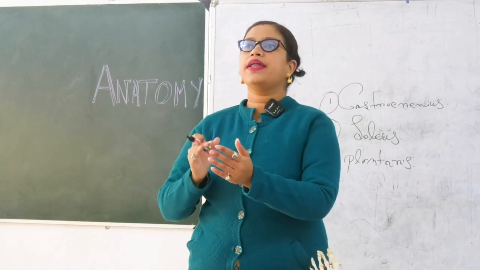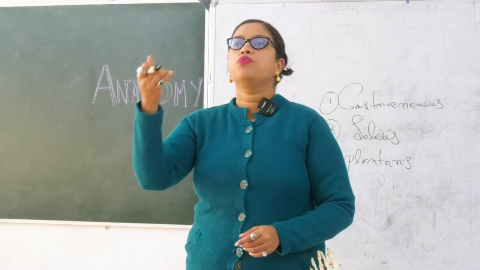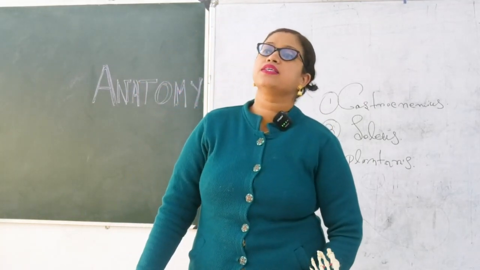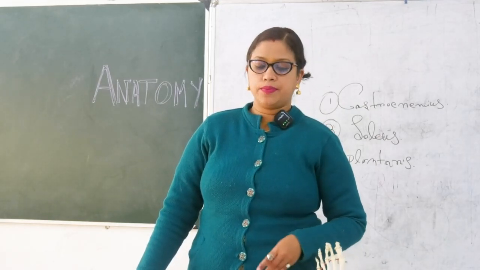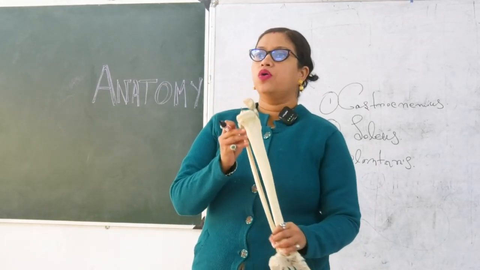So it divides into two arteries. One goes anteriorly as the anterior tibial artery, posteriorly comes the posterior tibial artery. So write it down. Second structure is the posterior tibial artery.